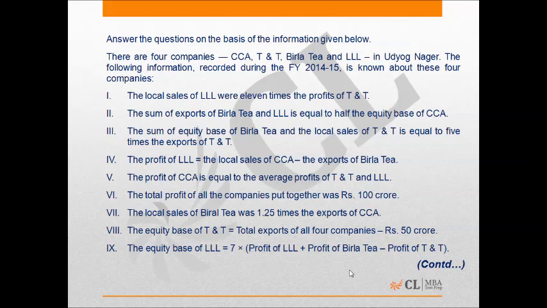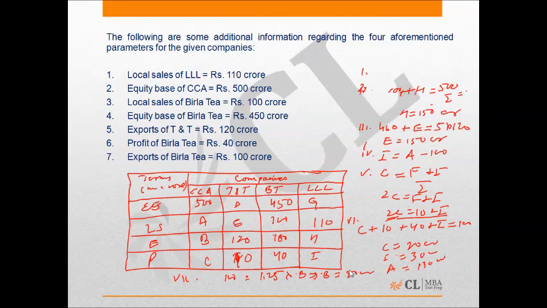Coming to the next statement, the equity base of T&T is equal to total exports of all four companies minus 50 crore. From here we'll get D as 80 plus 120 plus 100 plus 150 minus 50. From here we get D as 400.